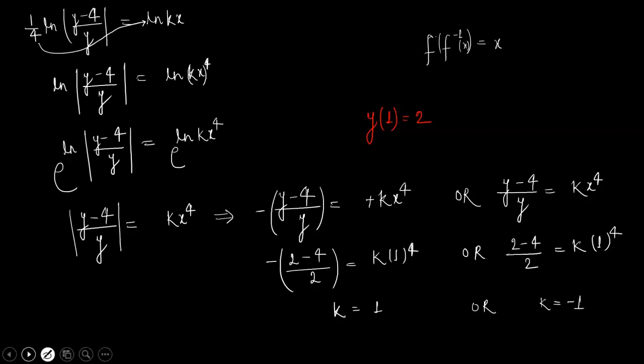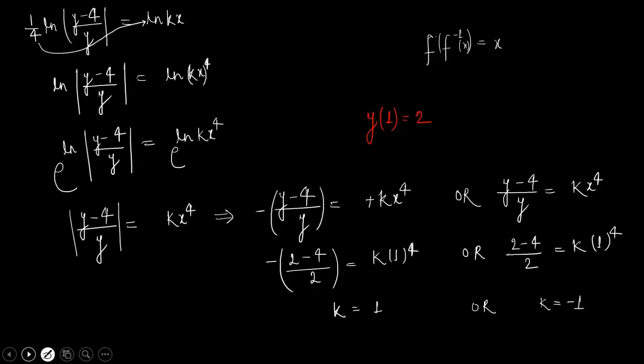So ultimately our equation is (y minus 4) by y is equal to minus x to the power 4.